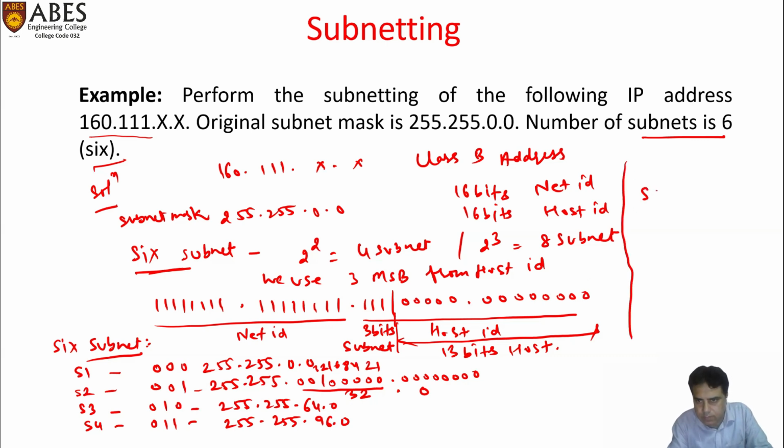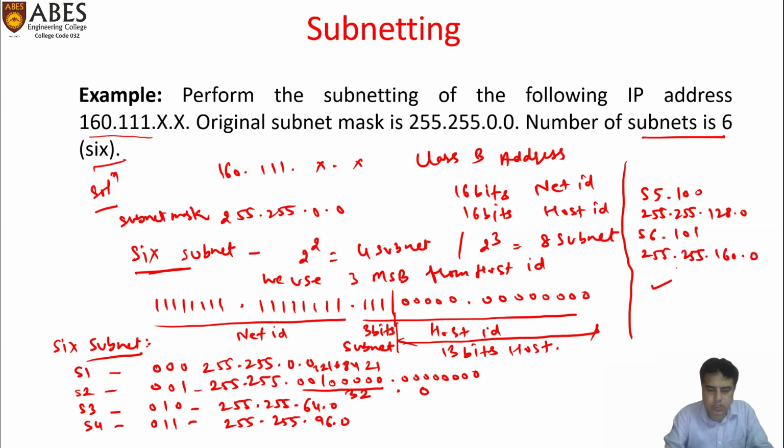For subnet 5 it is 100. That is 255.255.128.0. For subnet 6, it is 101, 255.255.160.0. So these are the 6 subnets that have been created.